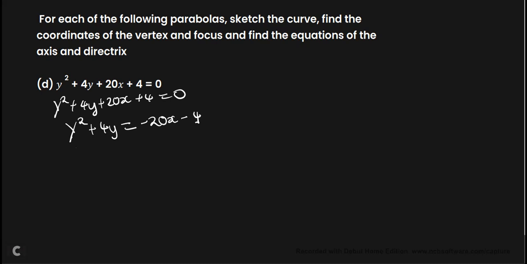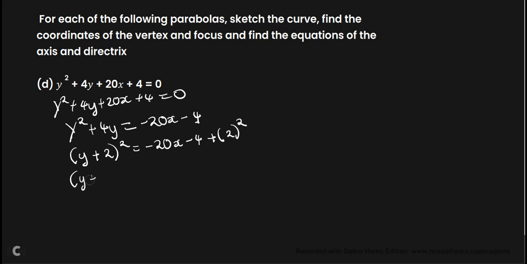Complete the square method: half of 4 is 2, squared is 4, equal to negative 20x minus 4 plus 4.